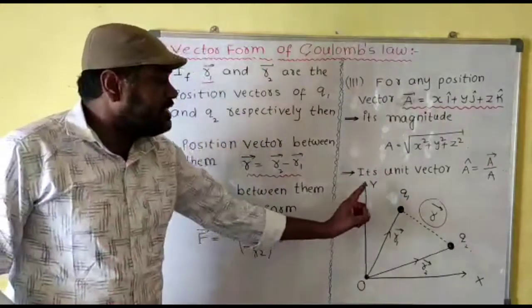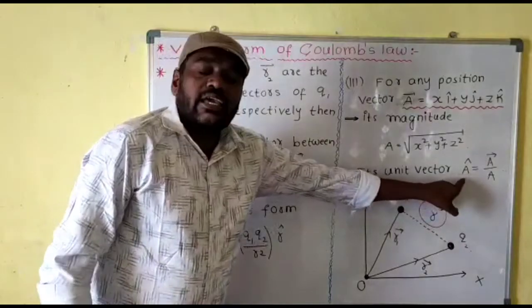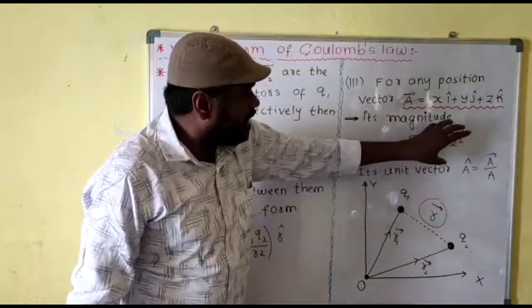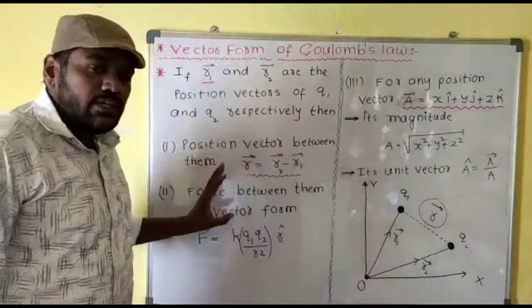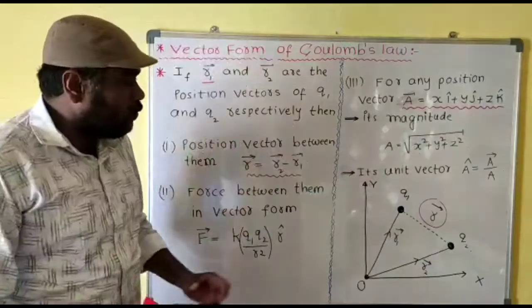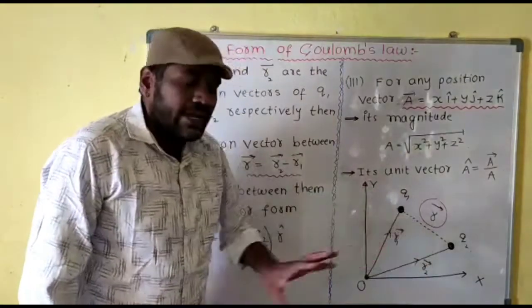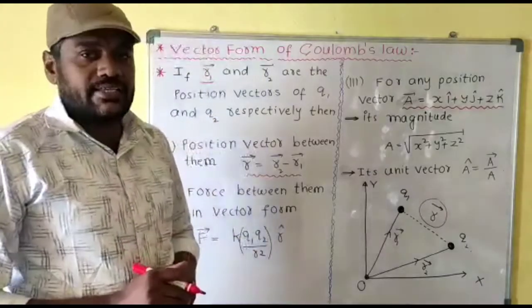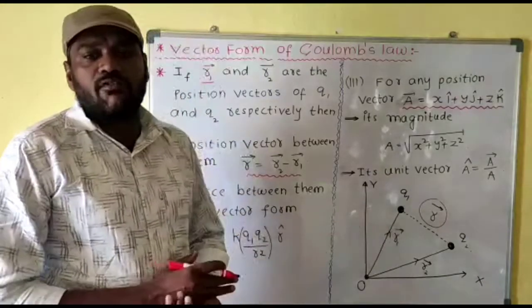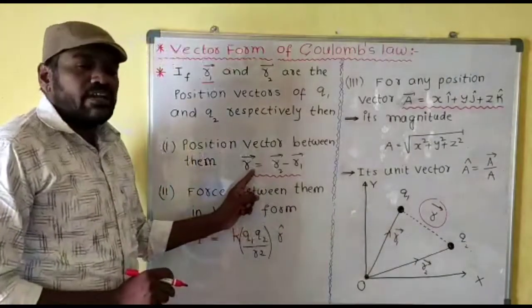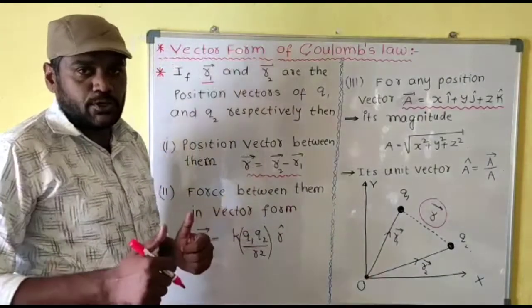And its unit vector a cap is equal to a bar by A. These formulas are very important to solve problems of electric force in such ways. Here this diagram I have given only in 2D, meaning x and y axes. The same diagram you can take for 3D also, no problem.